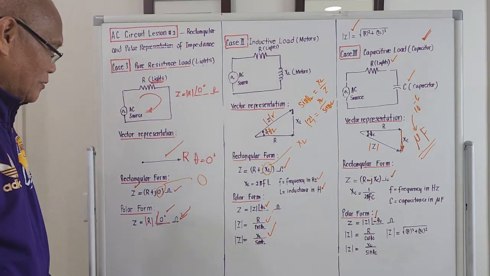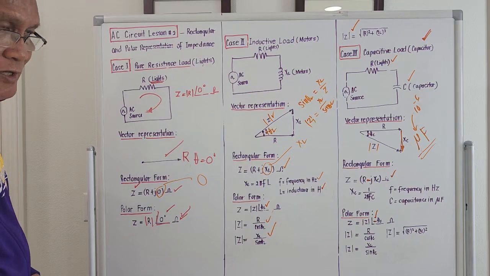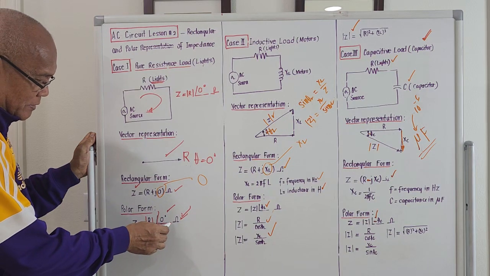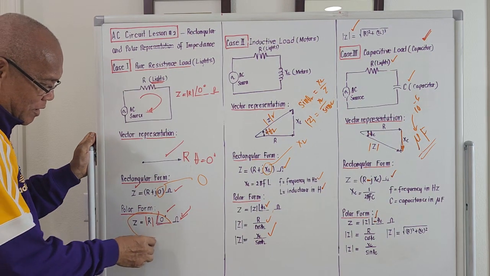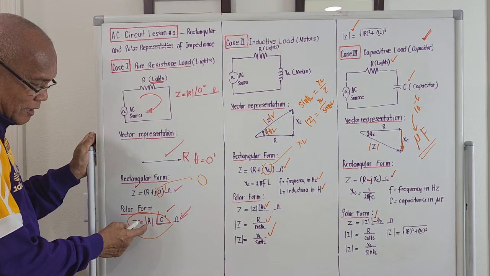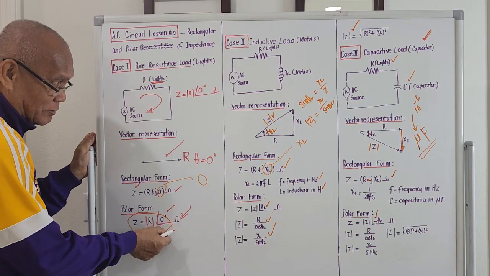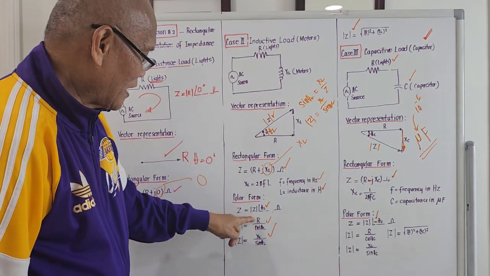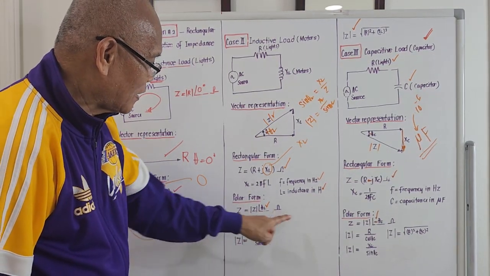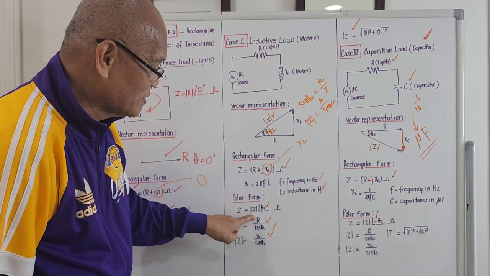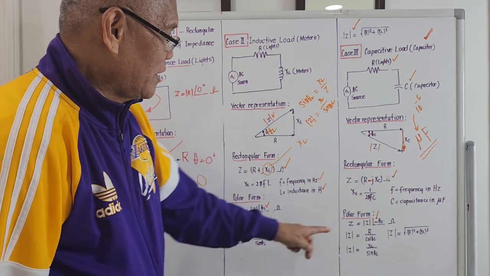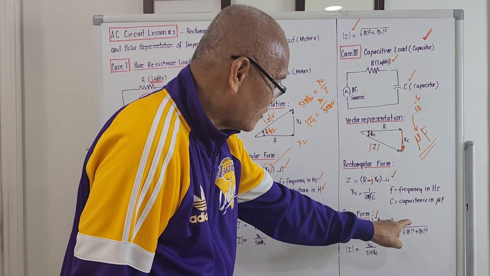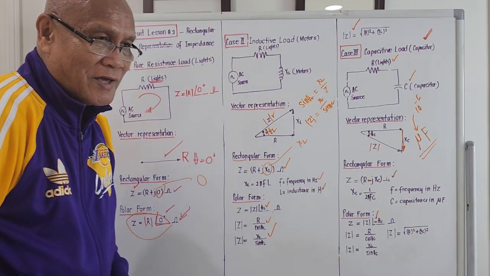So the three possible formulas for the three cases, what is important here is the polar form. Case number 1, impedance will be the absolute value of R angle 0 ohms. Case number 2, it will be the absolute value of Z angle theta L ohms. This should be plus. And for case number 3, it should be the absolute value of Z angle minus theta C ohms.